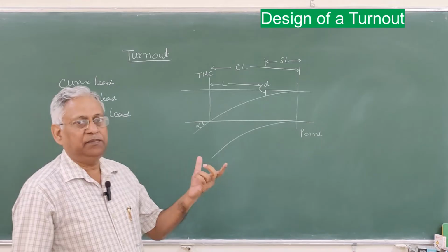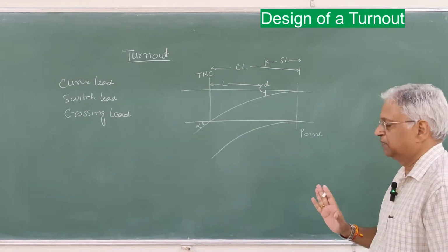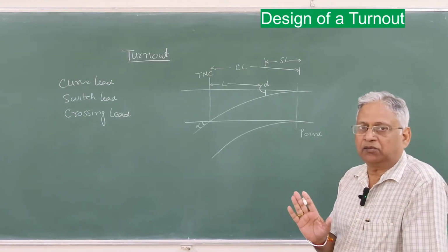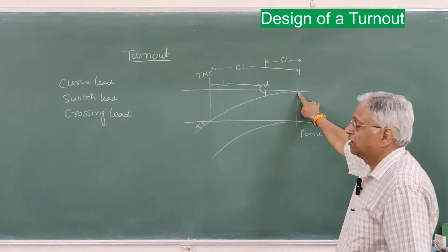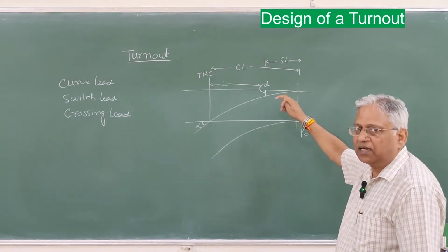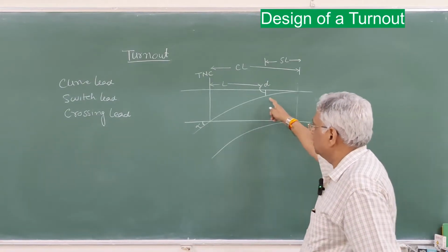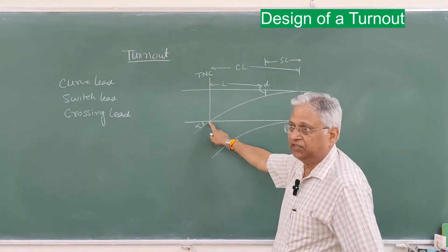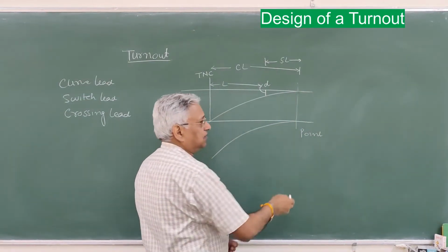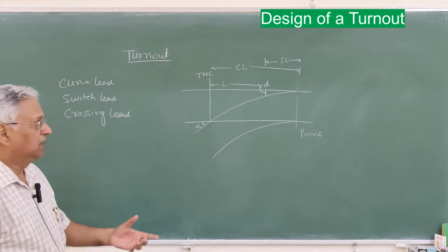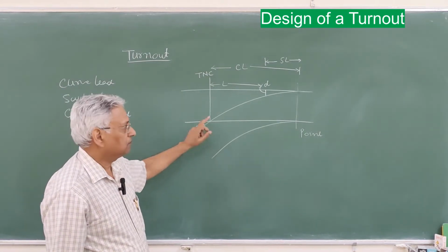Now these three parameters are estimated in the design of a turnout, and a simple turnout will assume that the curve starts from a point which is slightly ahead of the top of the switch, to the theoretical nose of crossing, TNC. So the curve starts from the theoretical top of the switch and it ends at the theoretical nose of crossing.